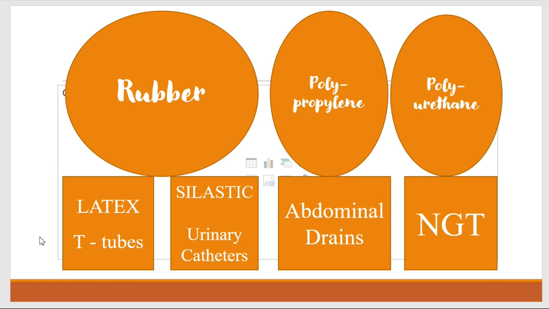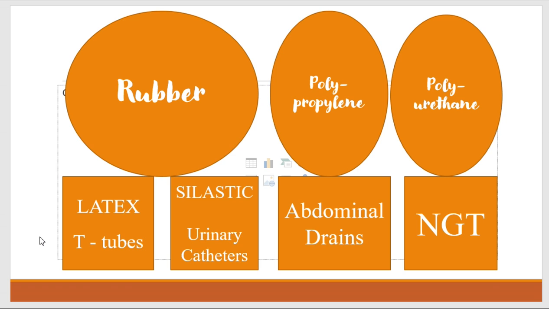The T-tubes and urinary catheters are all drains. As you remember, what is a drain? Any object that helps us drain any tubular or hollow viscous organ. So rubber: latex, and silastic. Latex example T-tube, silastic example urinary catheters.